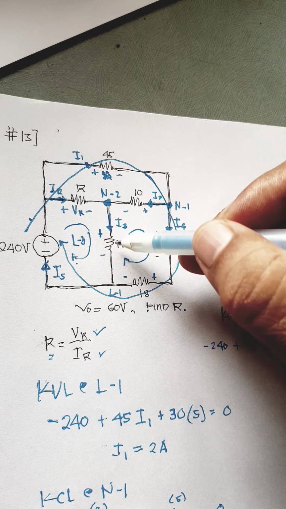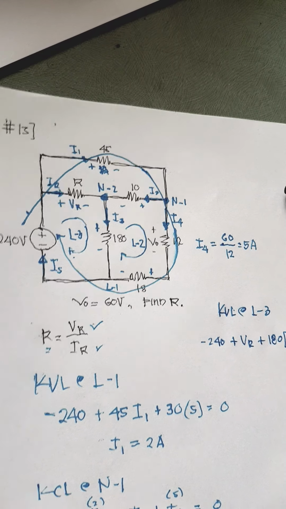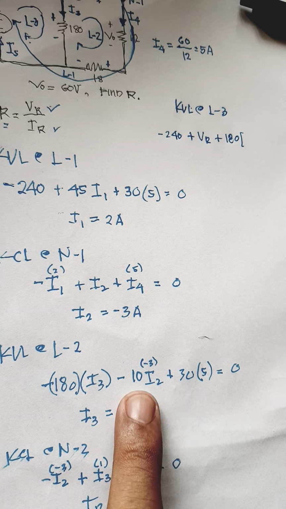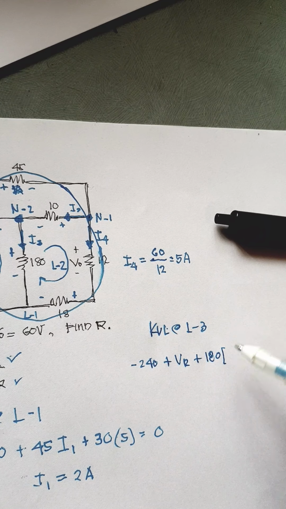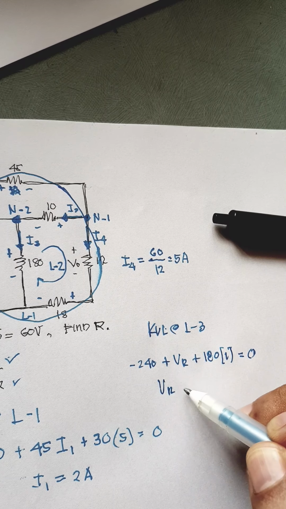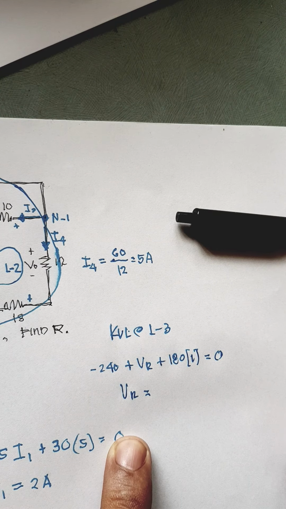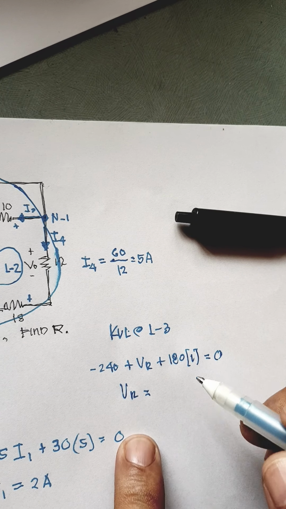And then 180, so plus 180 times its current. But what is its current? I3, and I3 is 1. So this equates to 0. So VR now is equivalent to 240 minus 180, which is 60.